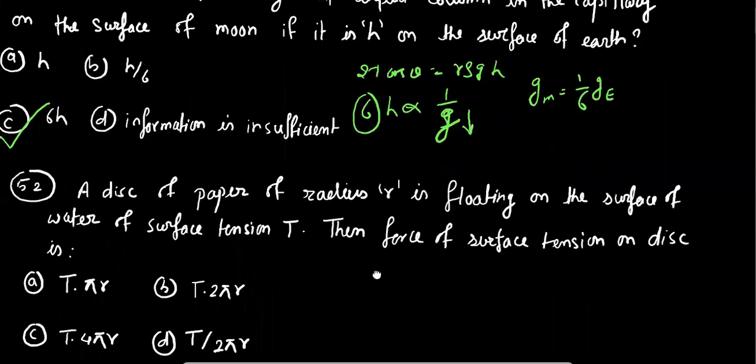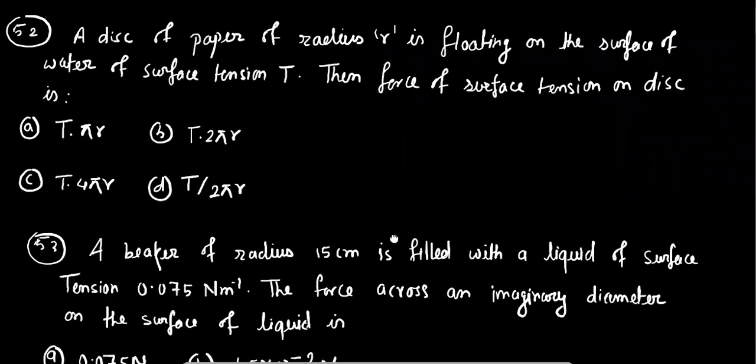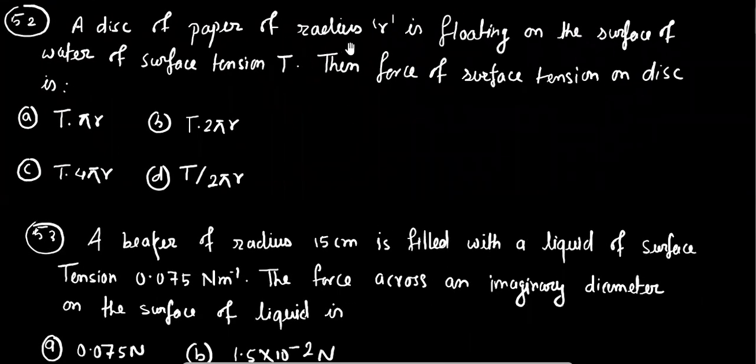Now we are going to discuss question number 52. A disc of paper of radius r is floating on the surface of water of surface tension T. Then the force of surface tension on the disc is, well, here this is the disc.